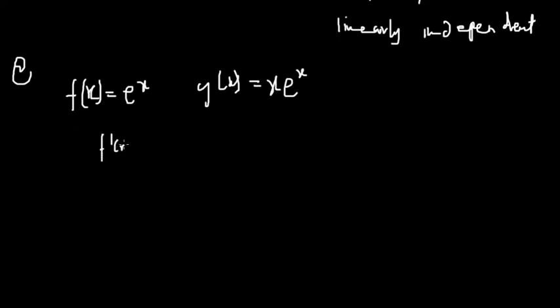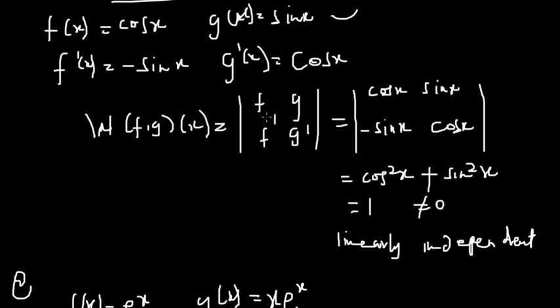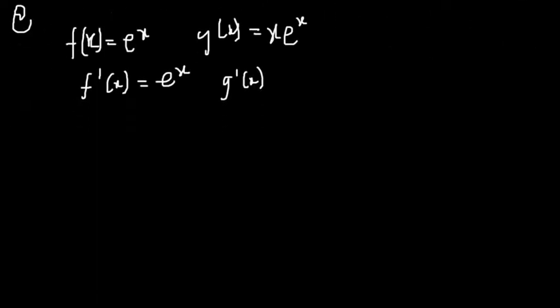So let's take the first differential. When you take the first differential for e exponent x, and then take g prime of x, just like here where we took the differential of f and then the differential of g, we are applying the same method.